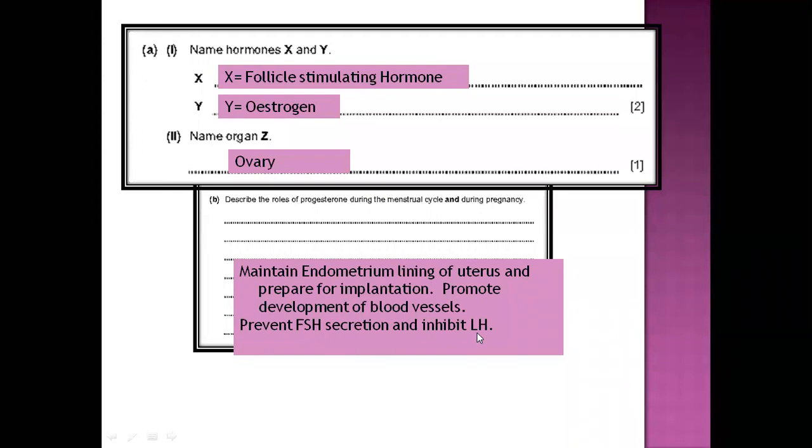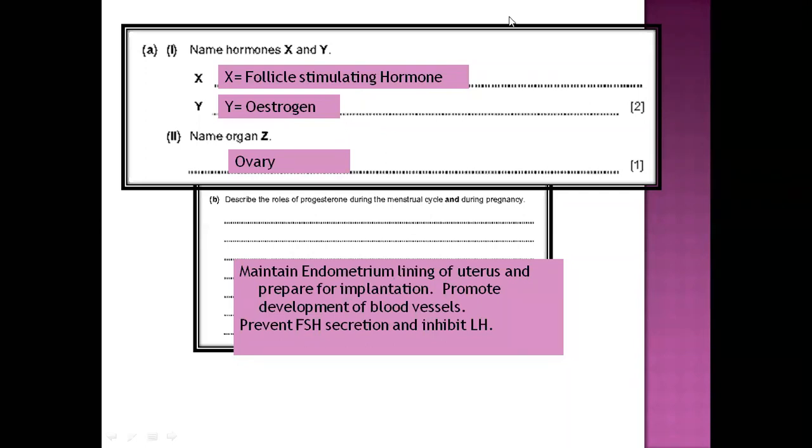Why is it preventing FSH and LH secretion? So that no more follicle cells mature, no more egg cells are released and no fertilization happens. It actually prevents the development of another embryo, because one is already in process. Okay, is it clear?